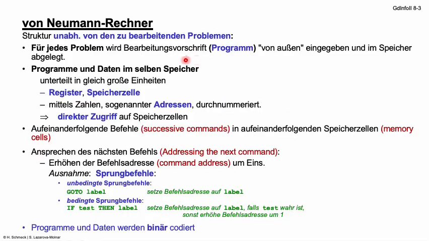In general, the basic concept of the von Neumann computer is that the structure is independent of the problem that it needs to solve. For every problem, the processing instructions are entered from the outside and stored in memory.